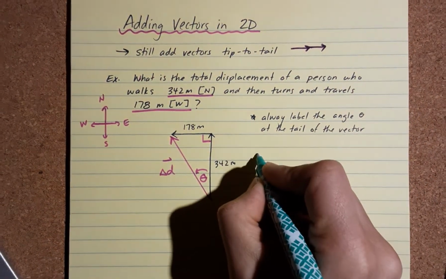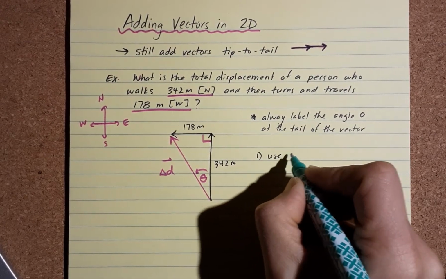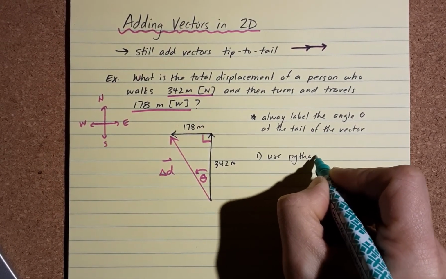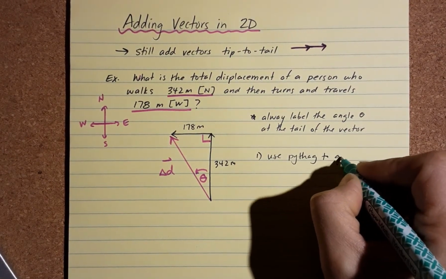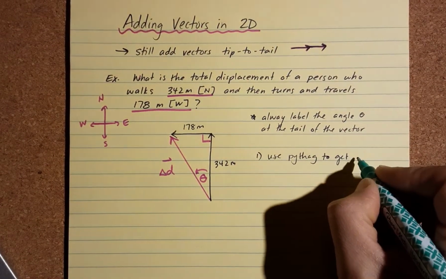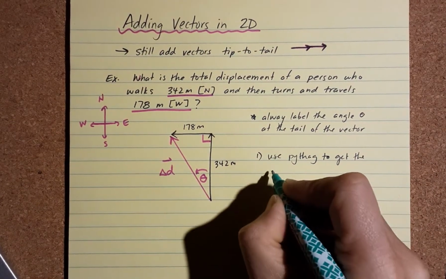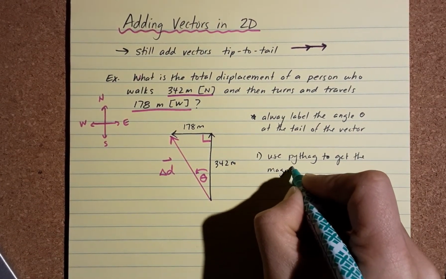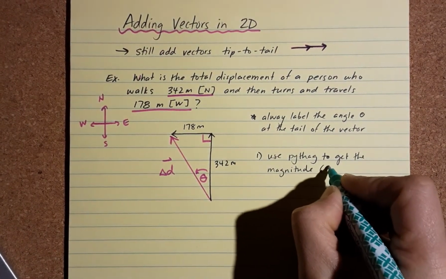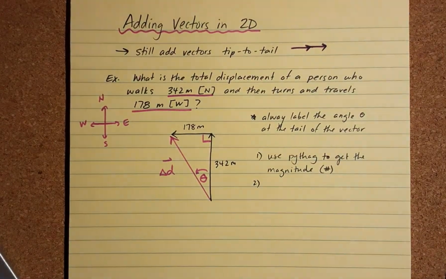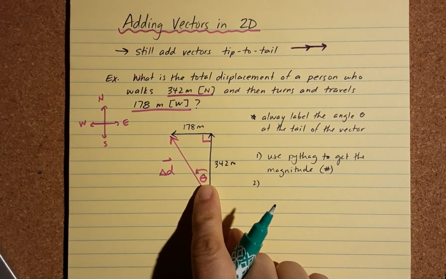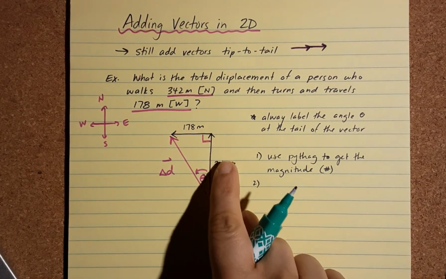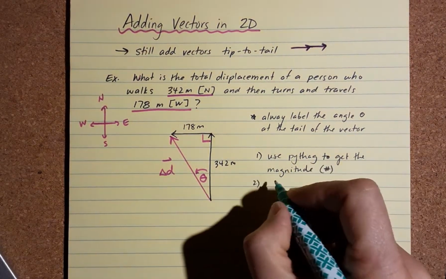So number 1, I'm going to use Pythagorean theorem, or as I call it, Pythag, to get the magnitude of the vector. Remember, magnitude is the fancy word for the number. And number 2, I'm going to get the angle, and I'm going to use the tangent function because I have the opposite and I have the adjacent side.